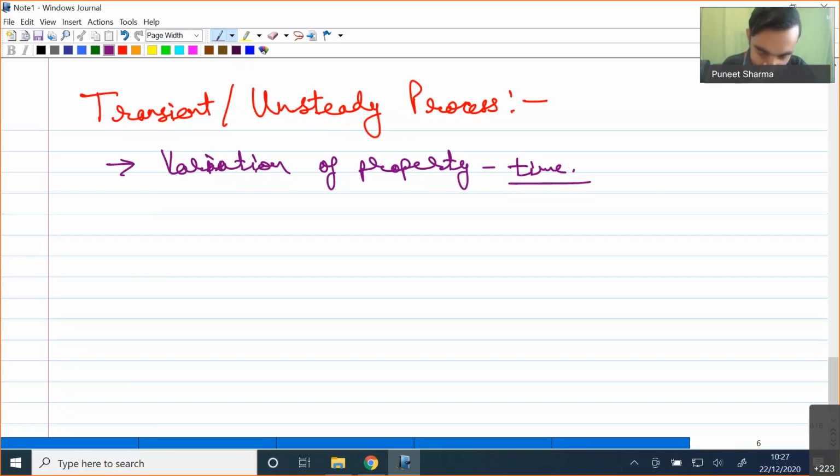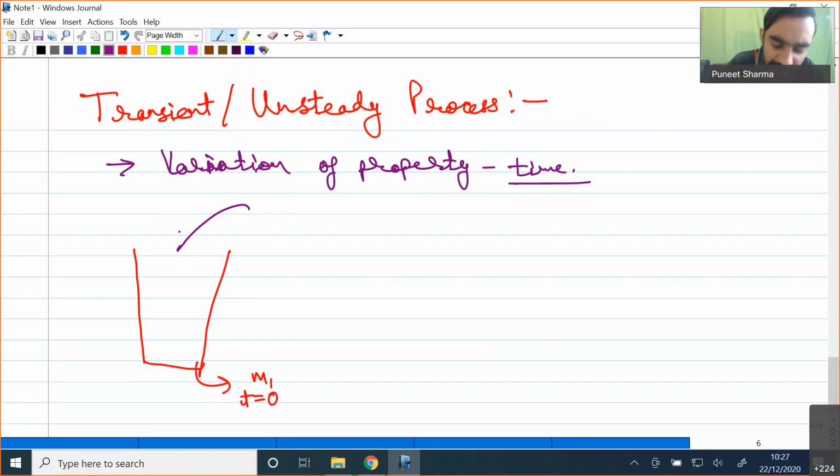One example I can give you: if you have a glass that is initially empty, you will have some mass m1. I am saying that the glass is empty at time t equal to 0. Now you pour some water inside.